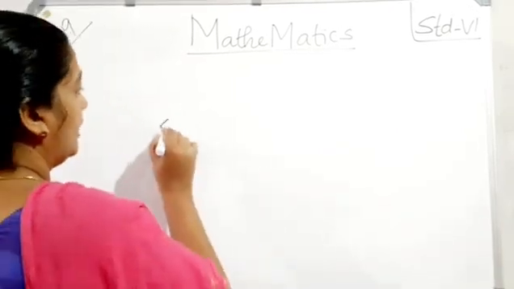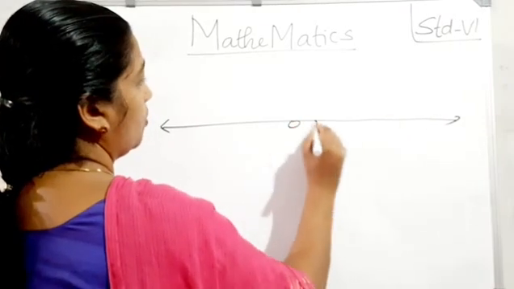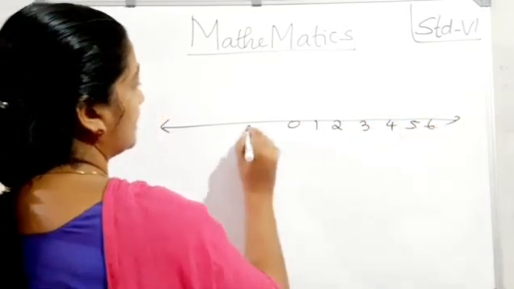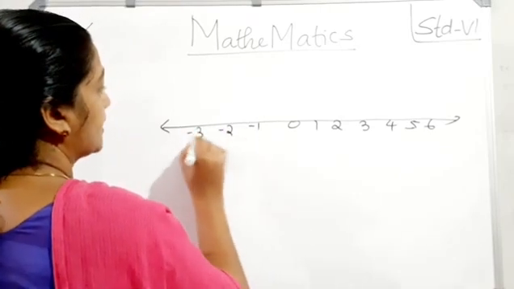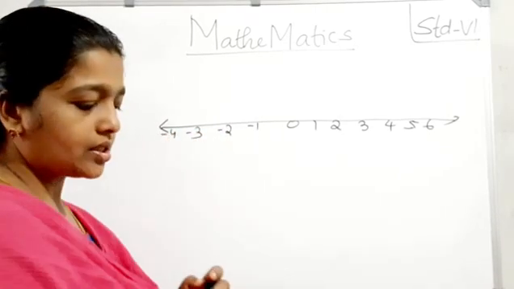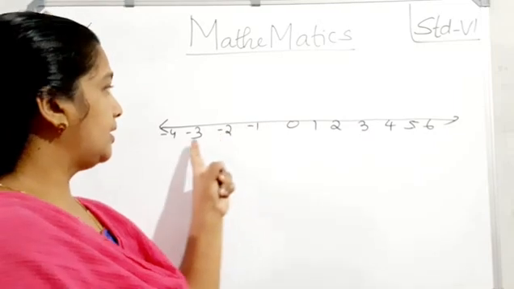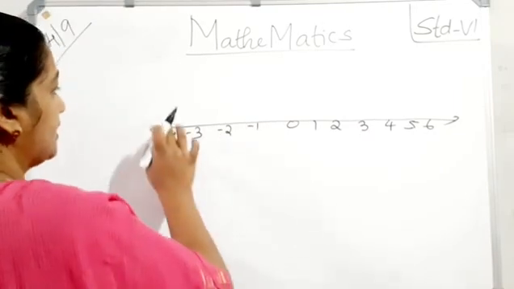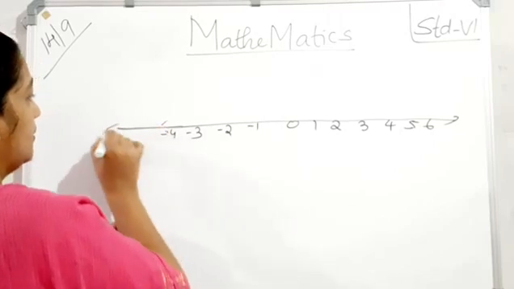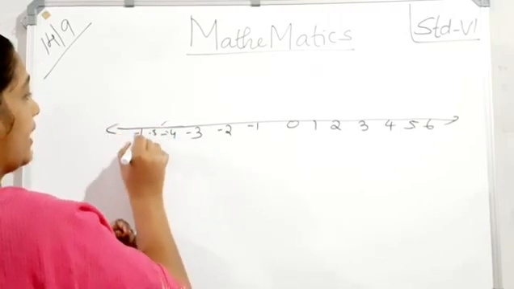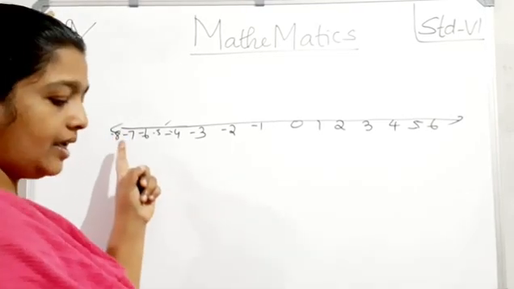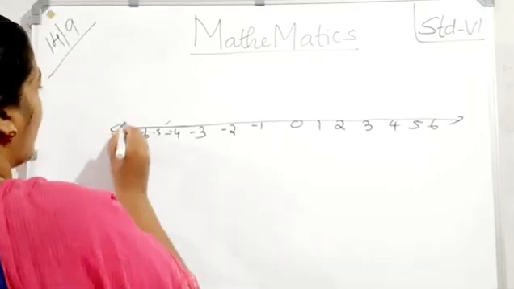In a number line: 0, 1, 2, 3, 4, 5, 6, etc., and minus 1, minus 2, minus 3, minus 4, etc. Here minus 4, minus 5, minus 6, minus 7, minus 8 is on the right of minus 10.